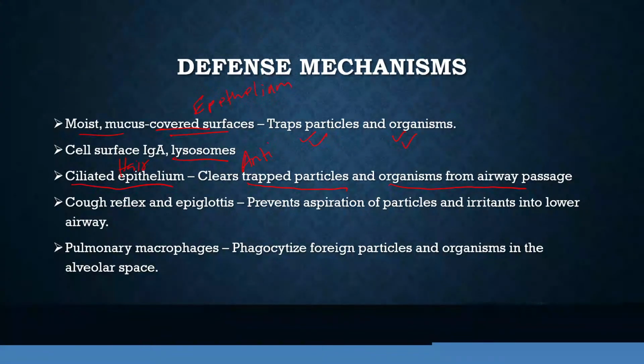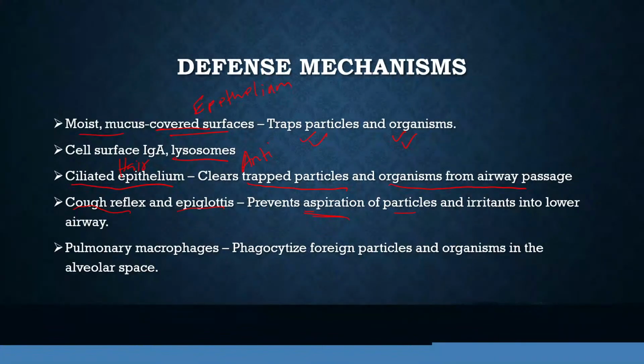And then we have cough reflex and epiglottis. Epiglottis is an organ that we saw. So we have a cough reflex. When you inhale or when you aspirate a particle, you'll automatically feel like coughing, and at times you might cough.